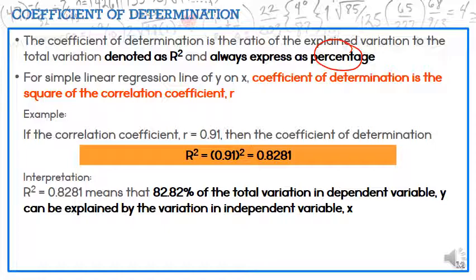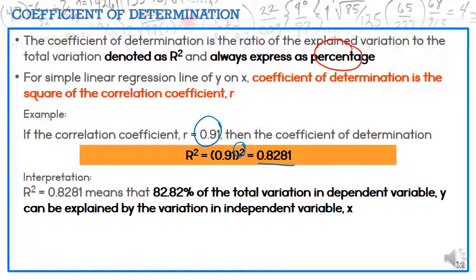So here, if the correlation coefficient R is 0.91, then the coefficient of determination is 0.91 squared. So you get 0.8281. But normally when we interpret the value, we interpret in terms of percentage.